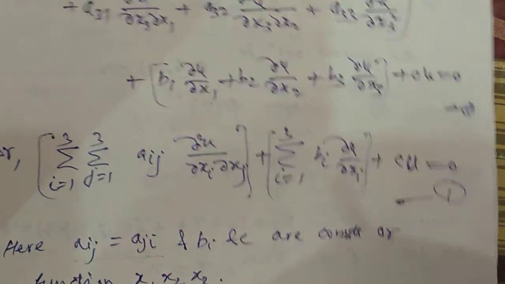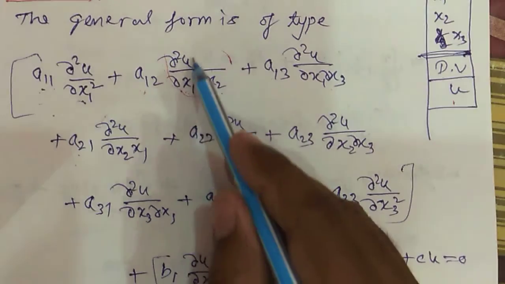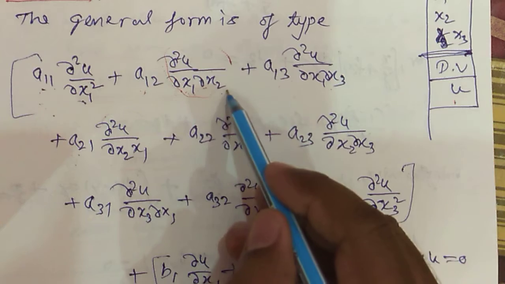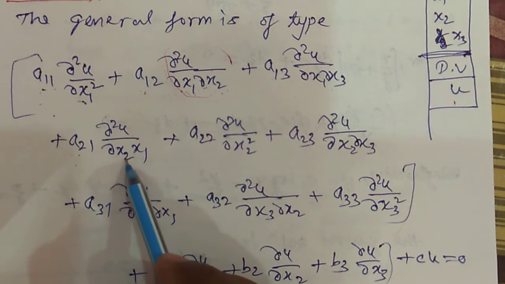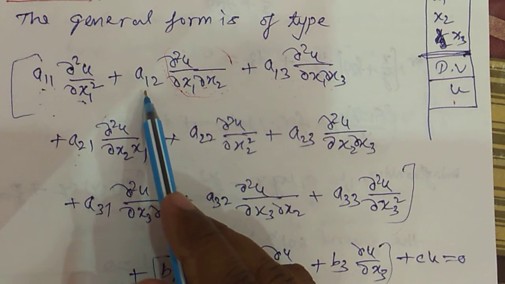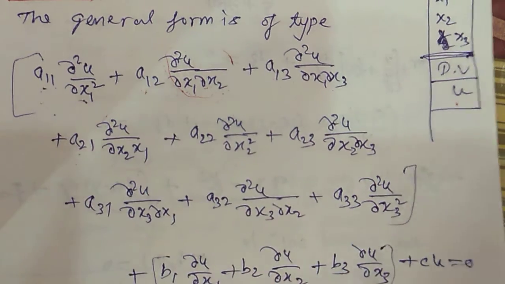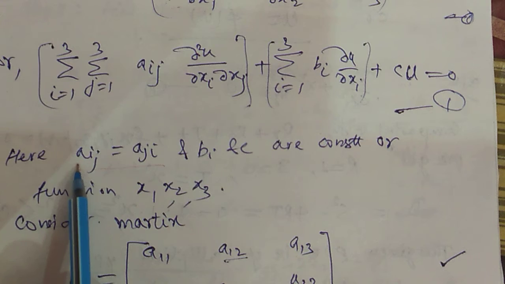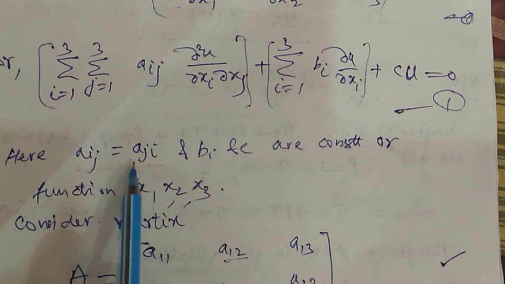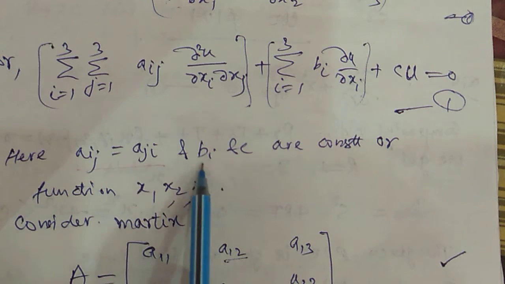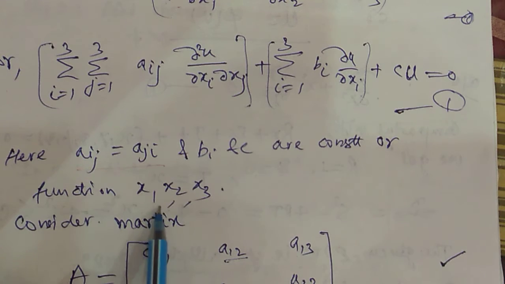Note here that del 2u over del x1 del x2 equals del 2u over del x2 del x1. So the coefficient a12 should be equal to a21. So all the coefficients aij must be equal to aji. bi and c are constants or some function of x1, x2.